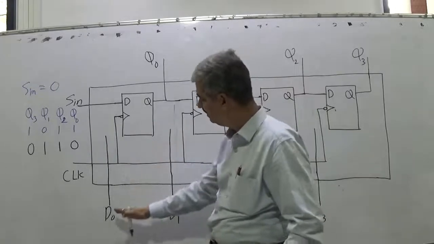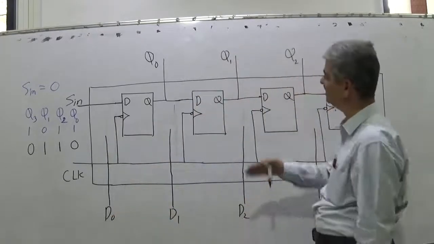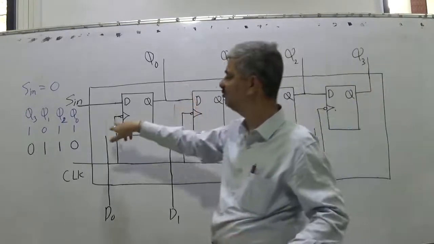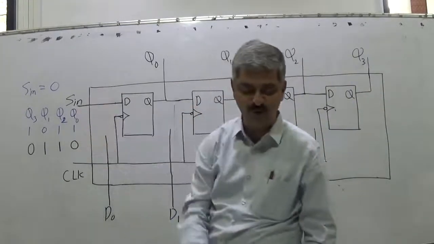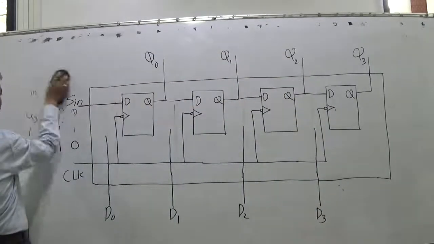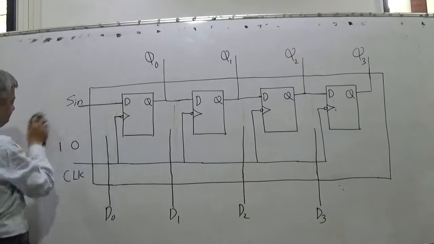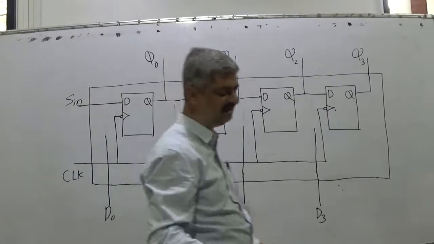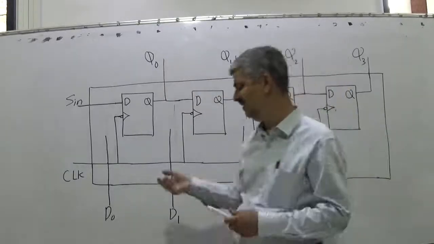Whenever clock comes, D0, D1, D2, D3 get transferred to Q0, Q1, Q2, Q3. That was one case, and now I have shown you a separate case. Now both of these cases can be combined by a simple additional circuitry that will be covered in the next part as a multiplexer, but right now I will show it very easily.